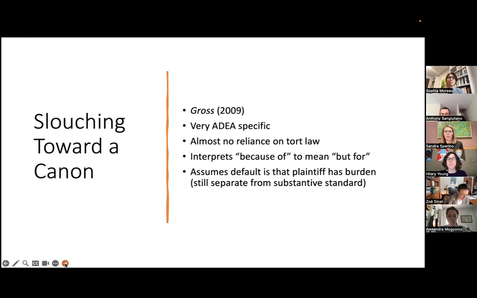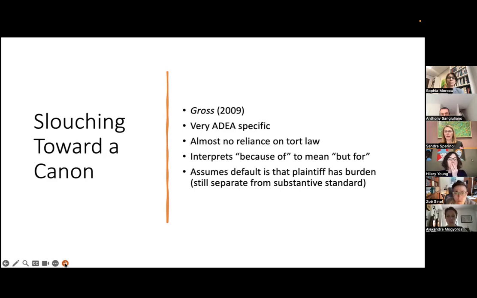Again, the primary idea in Gross is that it's the non-amendment in 1991 that causes a different outcome. And so in 2009, we get Gross, where the court interprets because of in the Age Act to mean that the plaintiff has to establish but for cause.